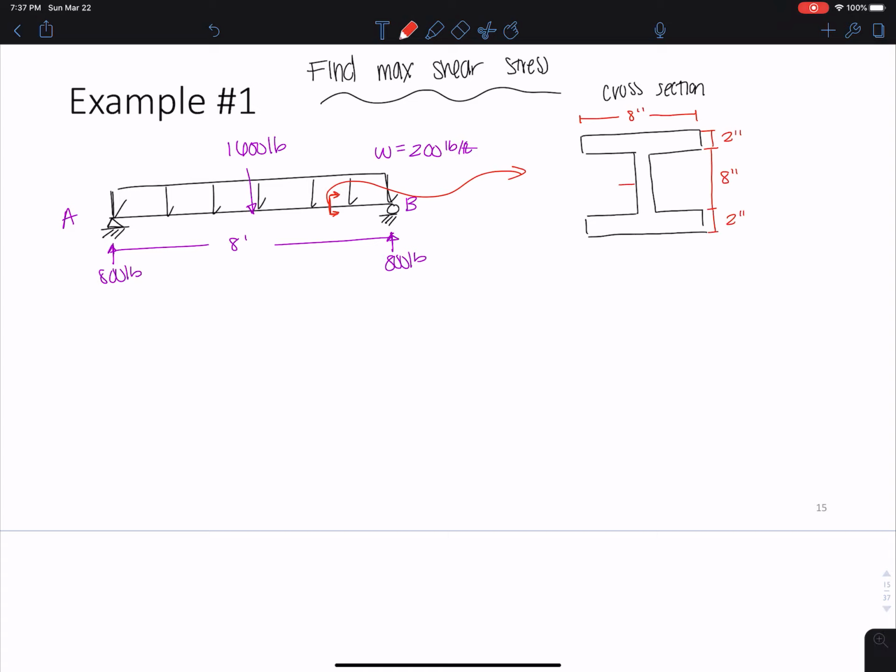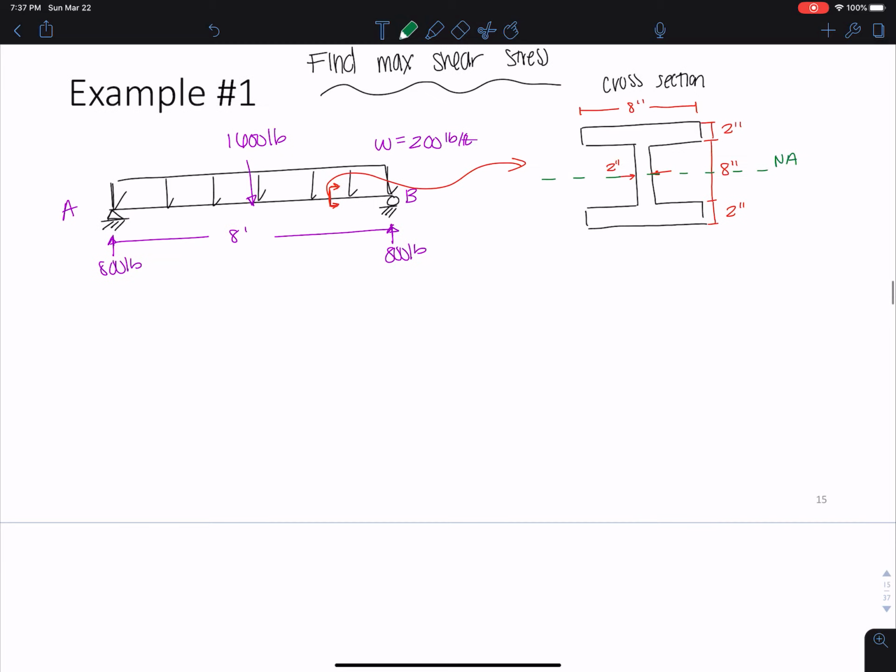And then this width is also 2 inches. And then our neutral axis is in the middle. It's all symmetric, so we're all good. So this is what you'd be given, and basically the solution starts from here.